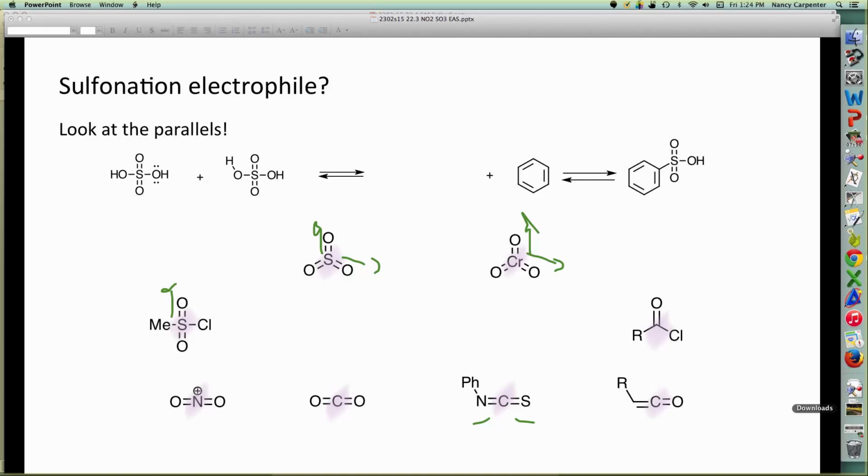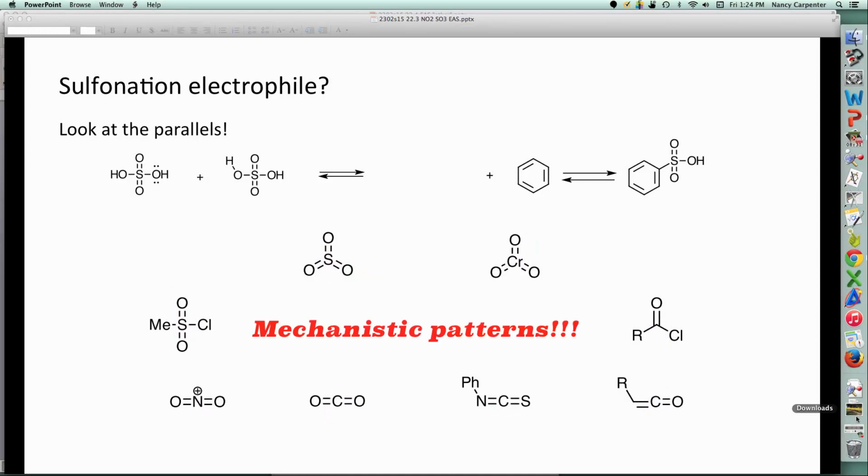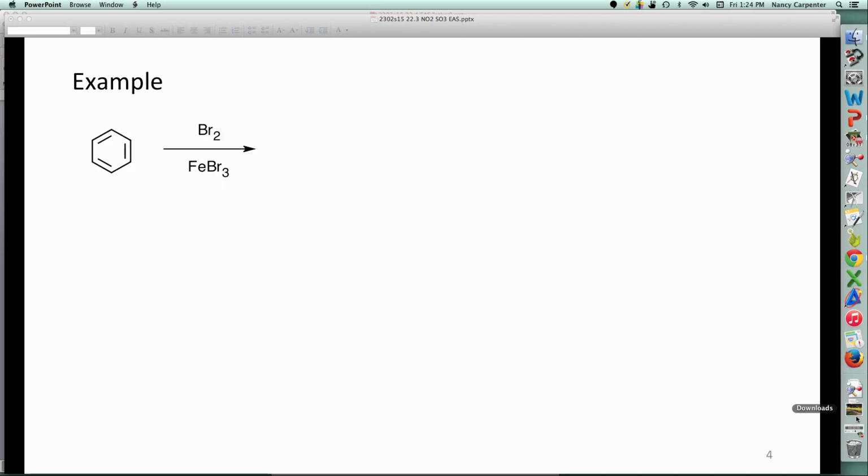And it's something like this. That's the powerful electrophile. Nature happens to use phosphates. Bottom line is, it's a huge pattern, and you use those patterns to figure out what's going on.